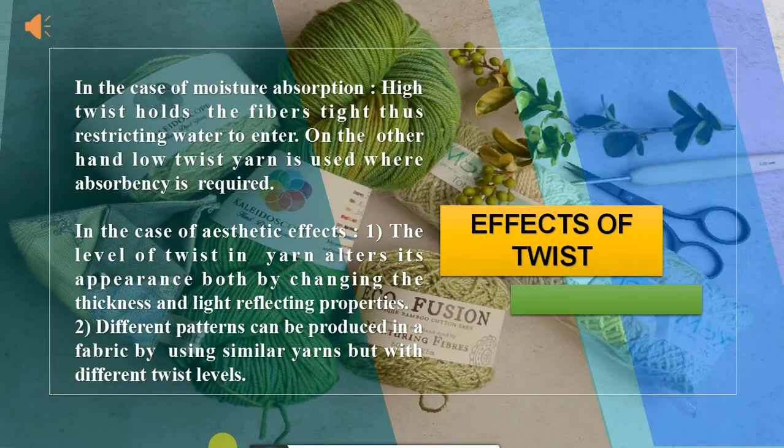In the case of moisture absorption, high twist holds the fibers tight, thus restricting water from entering. On the other hand, low twist yarn is used where absorbency is required.